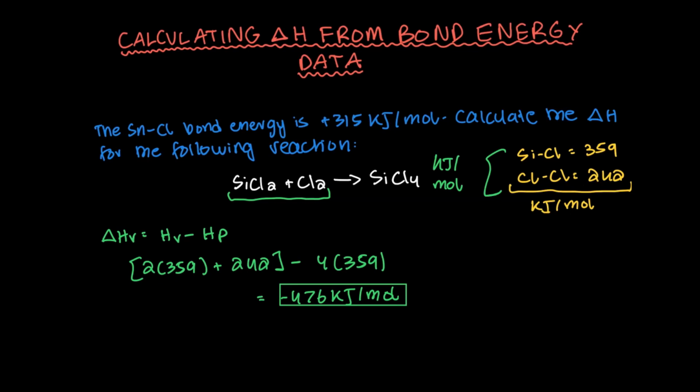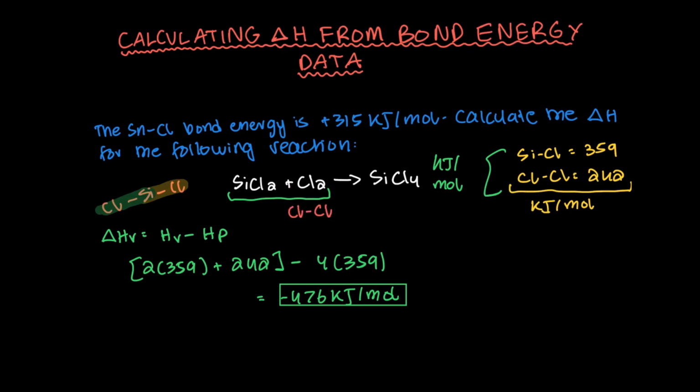Now, like I discussed in the previous slide, for anything besides formation, this is bond energy, you're going to do reactants minus products. So in this case, for SiCl2, there are two Si-Cl bonds. So because of that, you are going to multiply 359 by 2. Now, the other reactant that you have over here is Cl2. So it's Cl-Cl.